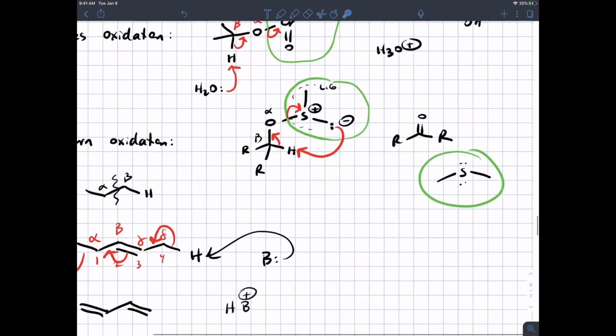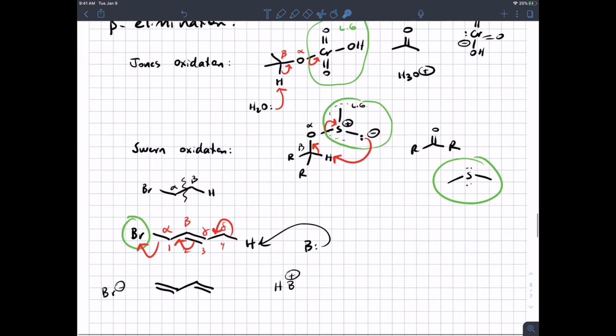Right, so the Swern oxidation actually starts with DMSO, and then you have oxalyl chloride, and the oxalyl chloride is all about turning this oxygen into a good leaving group so that the oxygen of your alcohol can attack the sulfur.